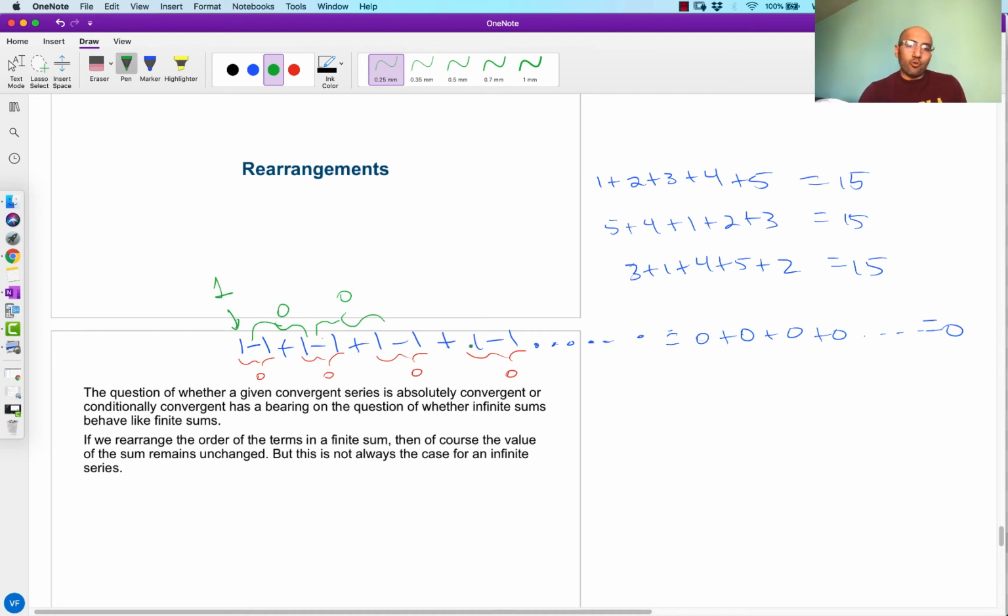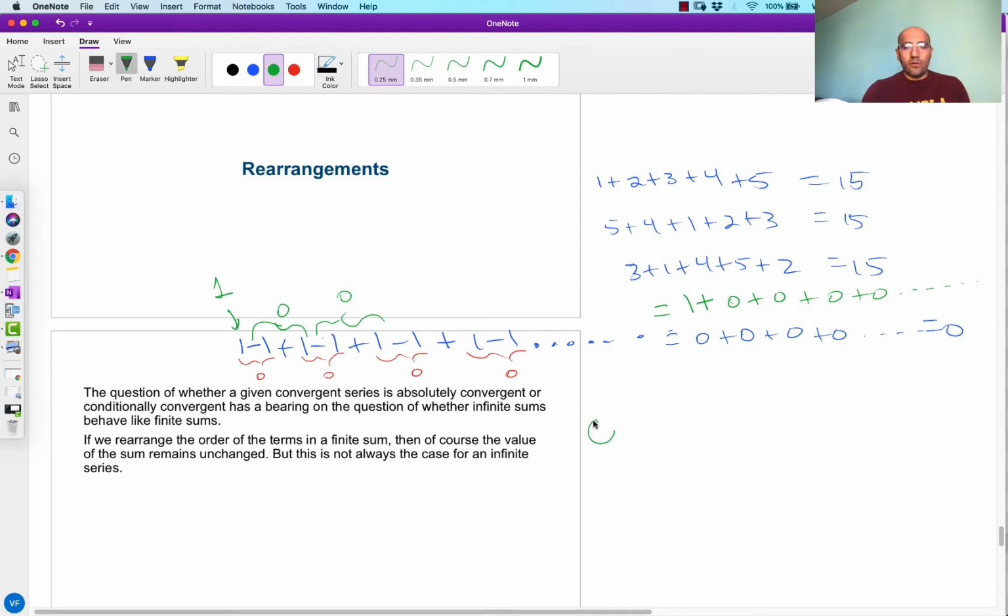If we group them this way, then this new summation must equal 1 plus 0 plus 0 plus 0 plus 0, and so on. And they make this weird conclusion that this equals that. I've seen it presented in this way.